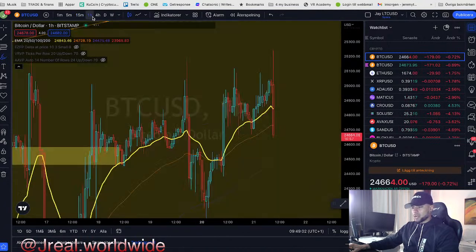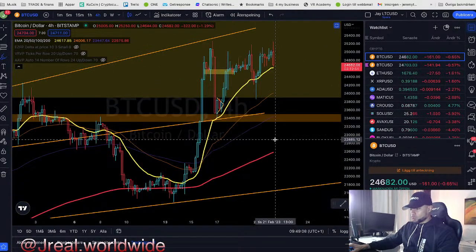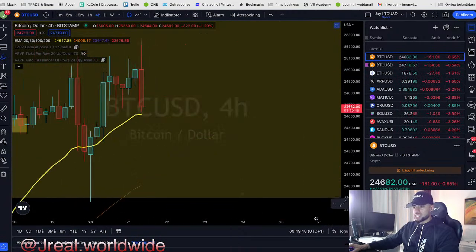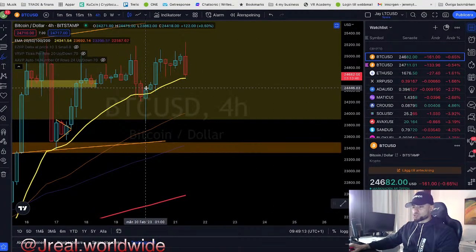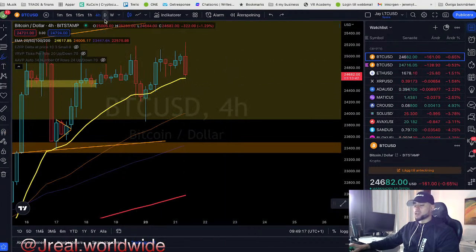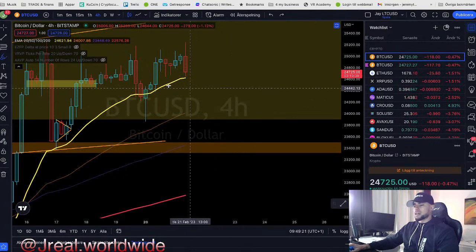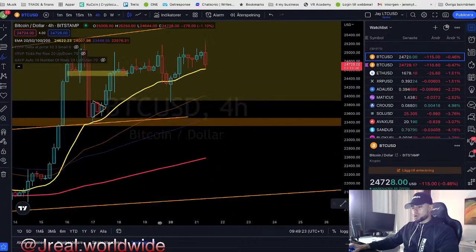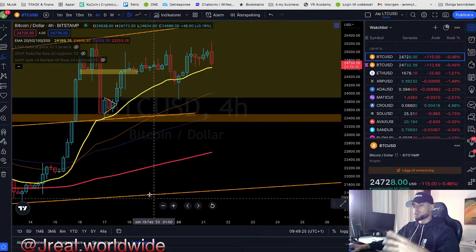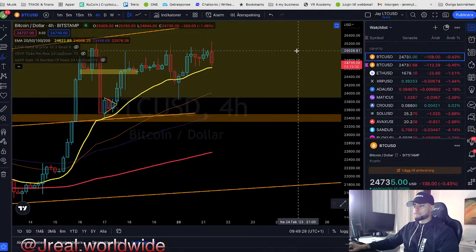Now, if we're looking at the 1-hour time frame, nothing special. But if we're looking at the 4-hour time frame, what do we see? We see that Bitcoin found support against the 20-day EMA on the 4-hour time frame. And on the 4-hour time frame, when you see these kinds of supports, they're often quite strong. The higher the time frame, the stronger the support or resistance from an indicator.